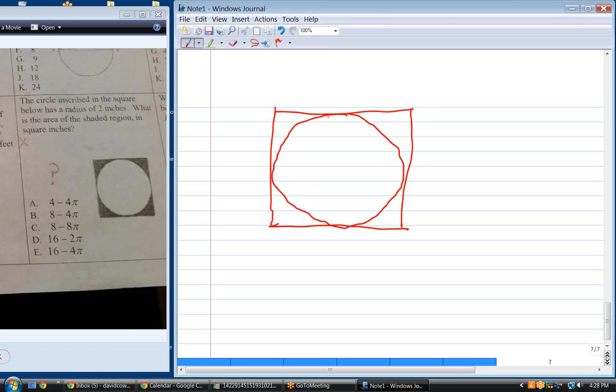So the circle inscribed in the square has a radius of 2 inches. Make it tough. What's the area of the shaded region in square inches? Shaded region being this. So in terms of the square and the circle, the shaded region is what? It should be area of the square minus the area of the circle.